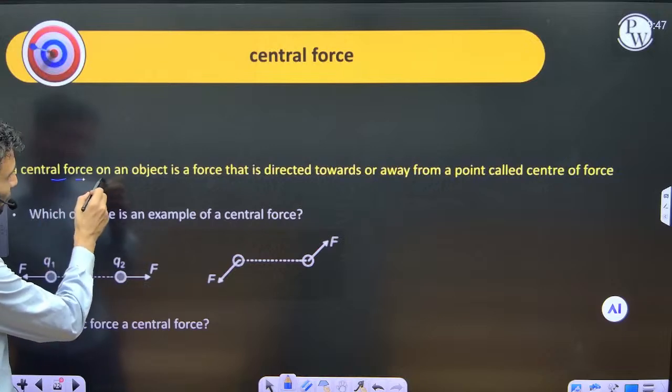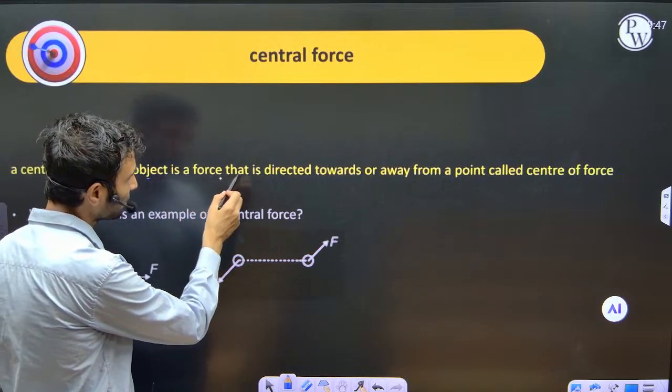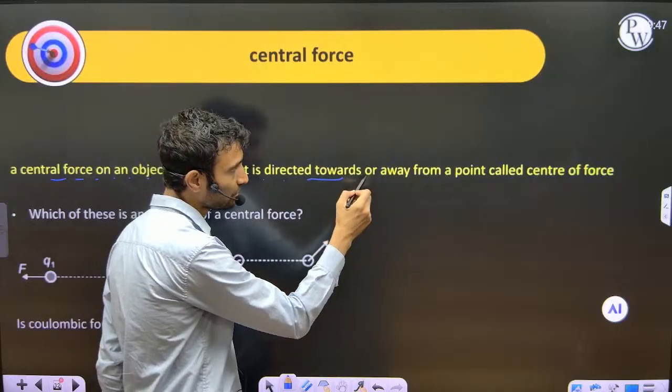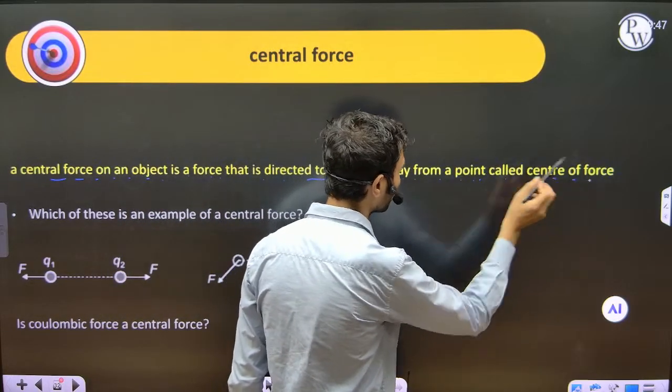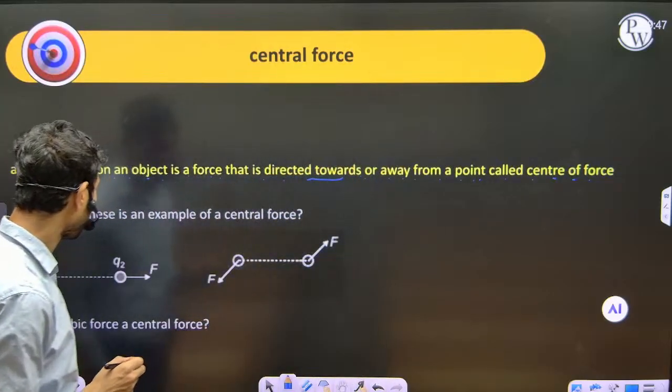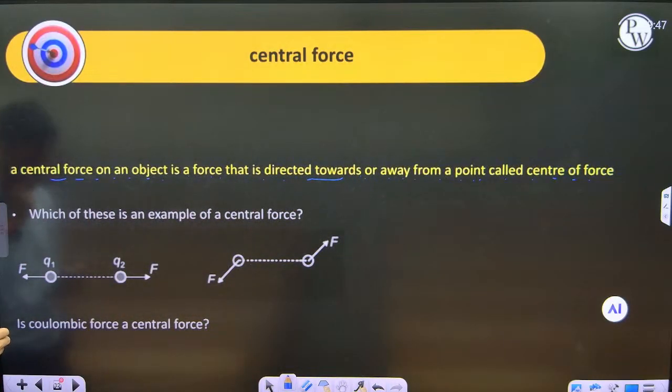A central force on an object is a force that is directed towards or away from a point called the center of the force.